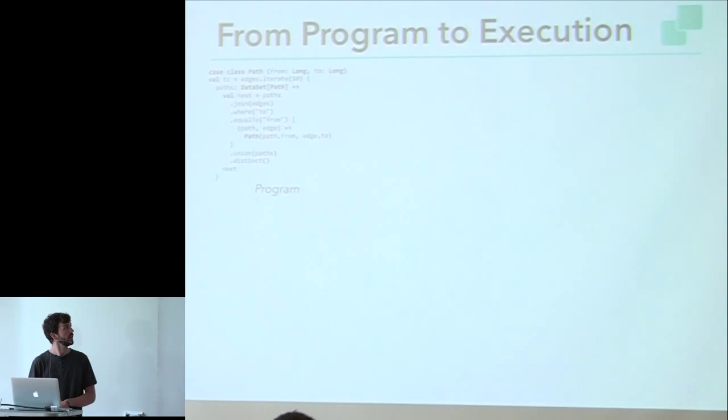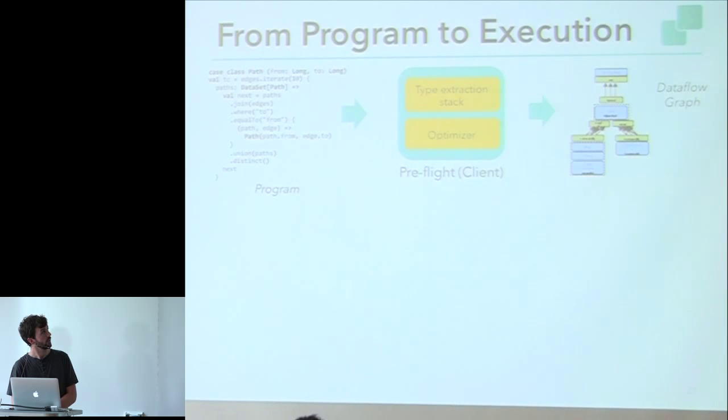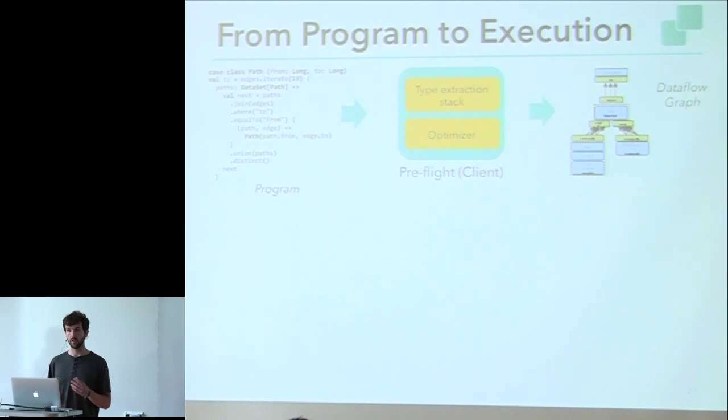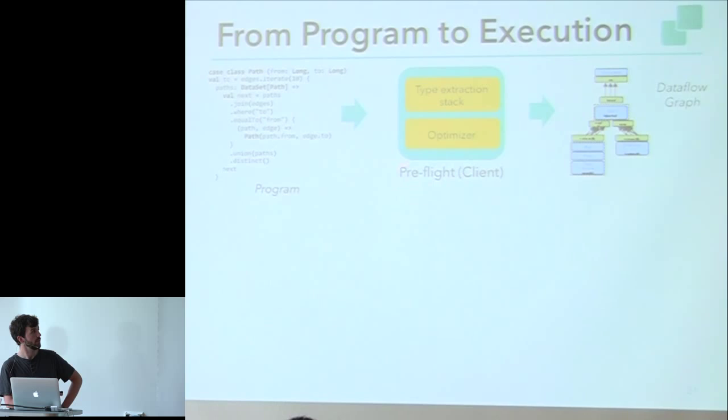And how does this look when we put all this together? So we have your program, you write it in your favorite IDE, and then the client phase, which we also call the pre-flight phase, extracts the types, figures out how to efficiently execute your program, checks your data and execution strategies, and optimizes them.